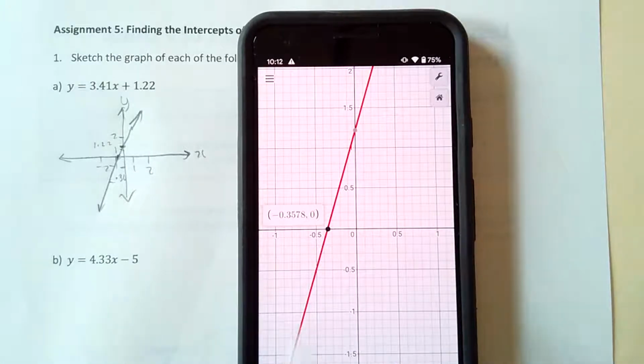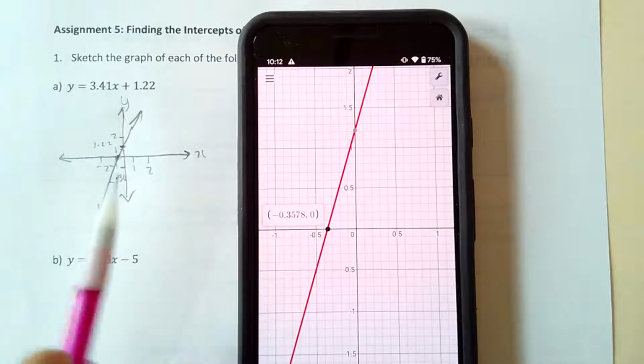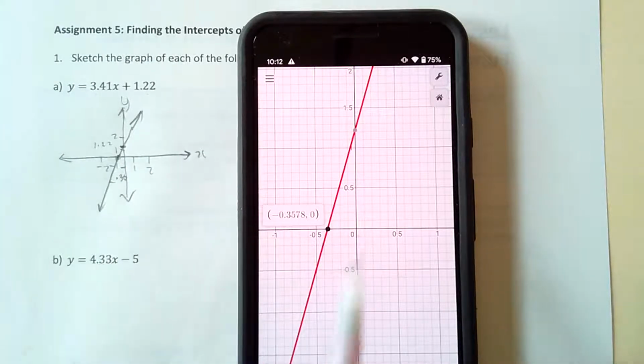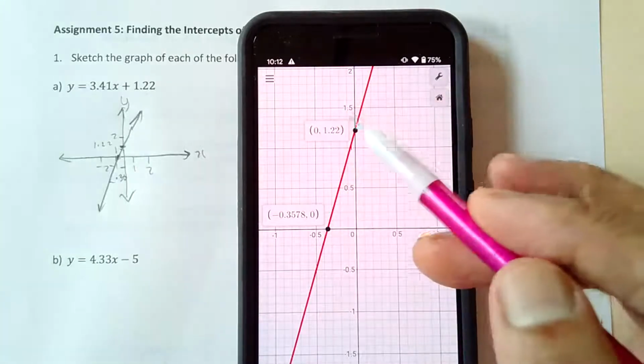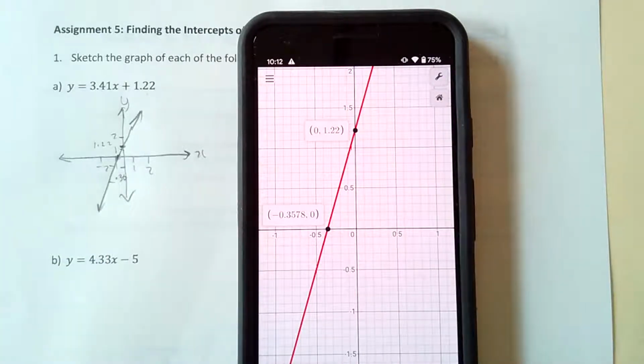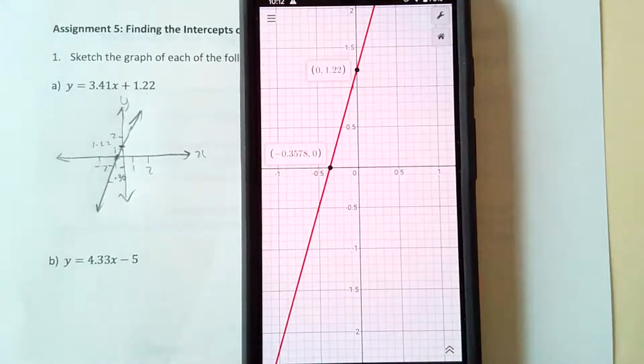And it gives you negative 0.357. We round it up to negative 0.36. And you could tap, and the y-intercept is 1.22. So it's much more straightforward with Desmos. You don't have to toggle right or left forever.